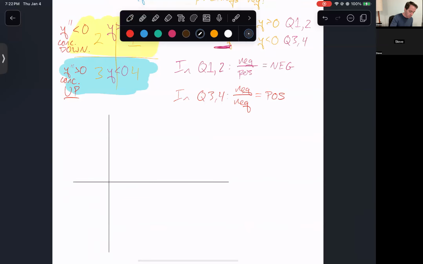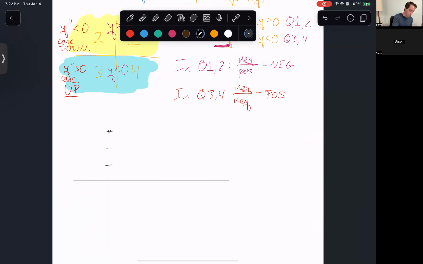So I'm going to give a lot of room on the right. Now think about what we did. It was 0, 3 and negative 3. So 1, 2, 3, and negative 1, 2, 3.